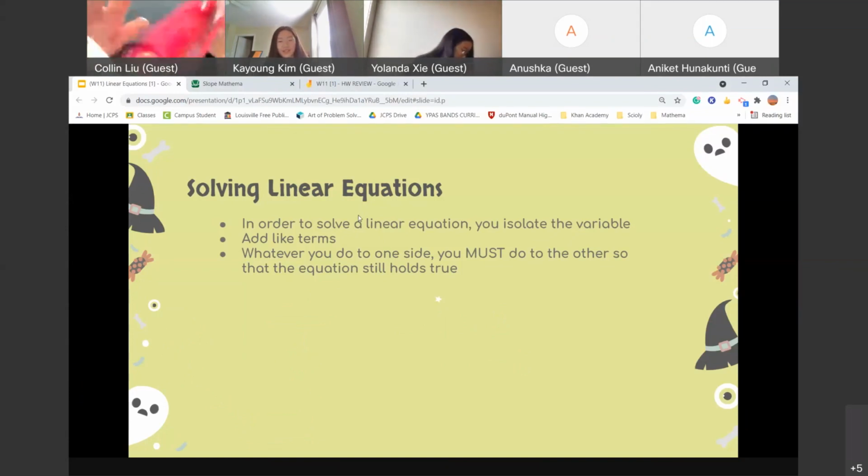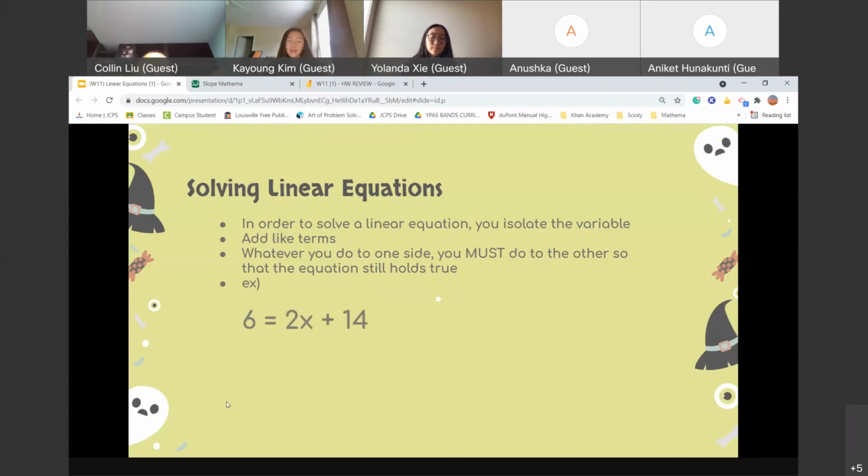Anyways, whatever you do to one side, you have to do to the other. Basically, I'm going to try to solve for this x. To do that, first, before multiplying and dividing, subtracting or adding is the better option.